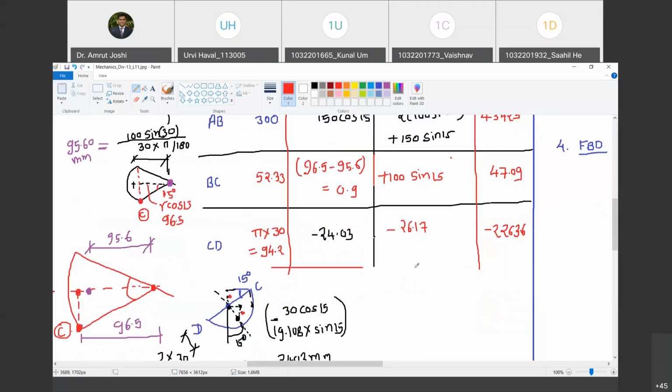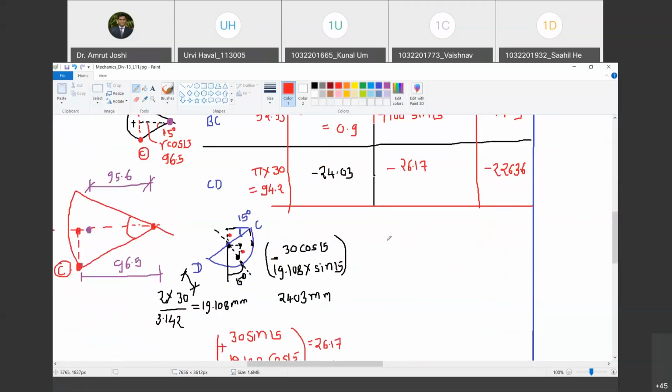Now let us do summation. Let us do li yi. I am going to have three terms.